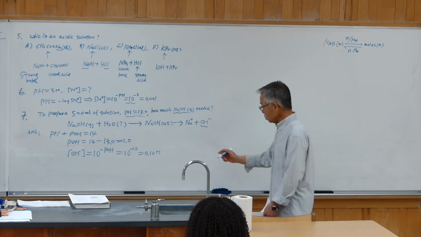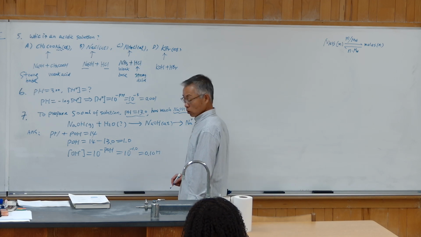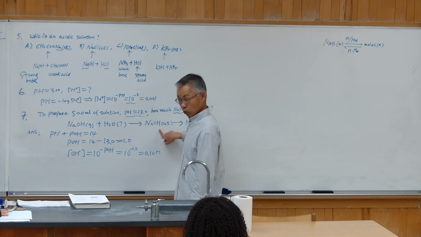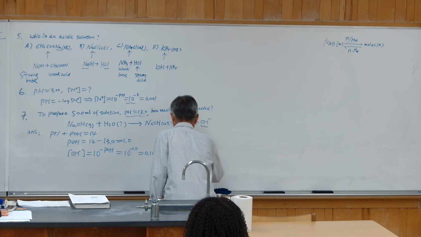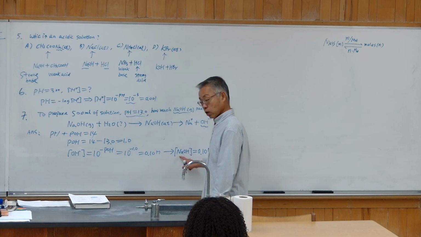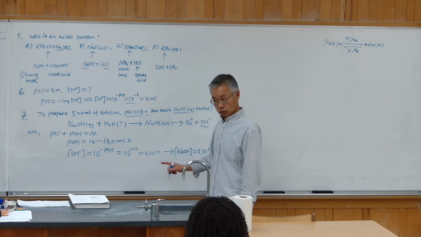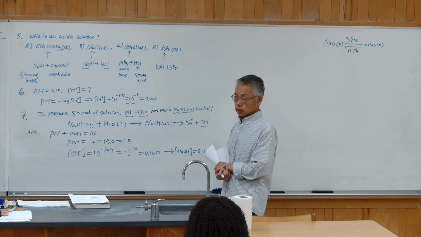So OH concentration is 0.1 molar. This means you need to prepare an NaOH solution of 0.1. This tells you your initial NaOH concentration must be 0.1 molar, because one NaOH gives off one OH, so these two must be equal. I know this is somewhat confusing.